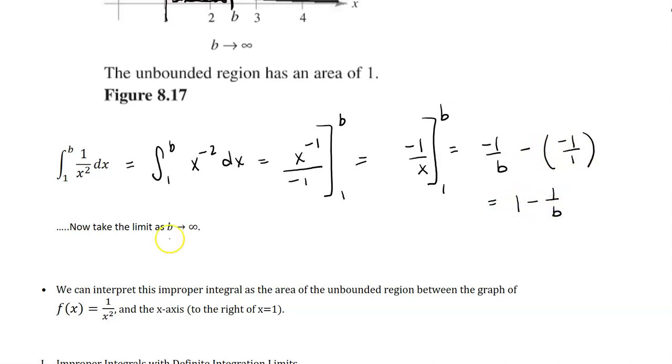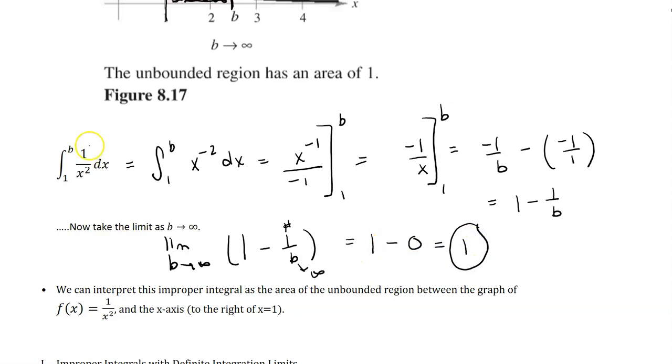Now we take the limit as b approaches infinity of 1 minus 1 over b. Of course, this is a number over something approaching infinity, so this is going to be 1 minus 0, or 1. We would say that this integral as b approaches infinity converges to 1.